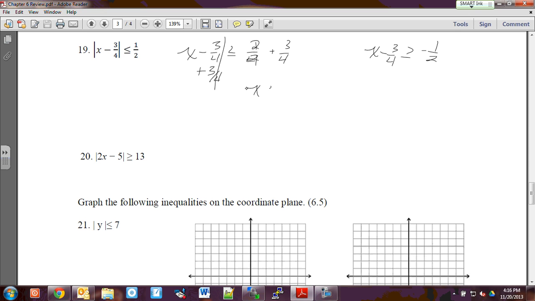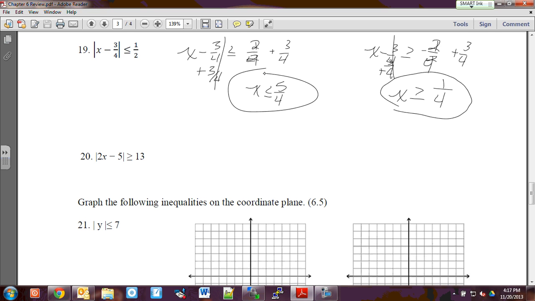So x is less than or equal to 5 fourths, because 2 plus 3 is 5 over 4. And 3 fourths, and 3 fourths. Same thing, this will go to 2 over 4. So x is greater than or equal to negative 2 plus 3 is 1 over 4. Alright, so there's the two answers for that one.